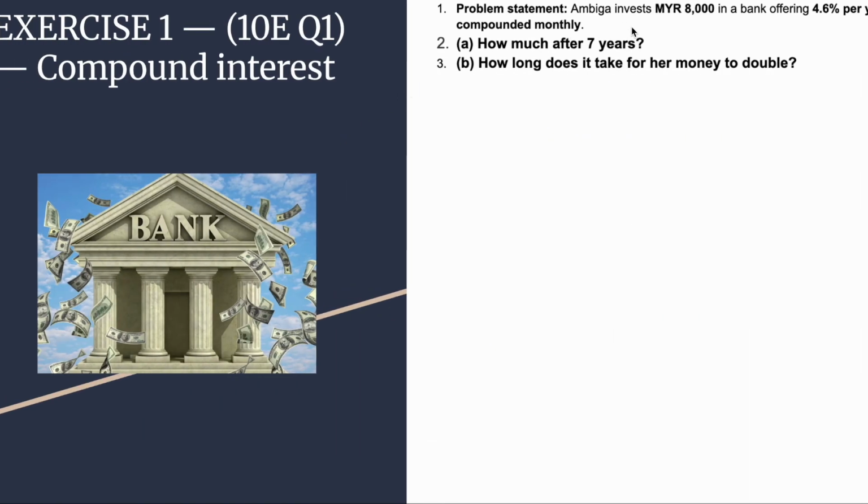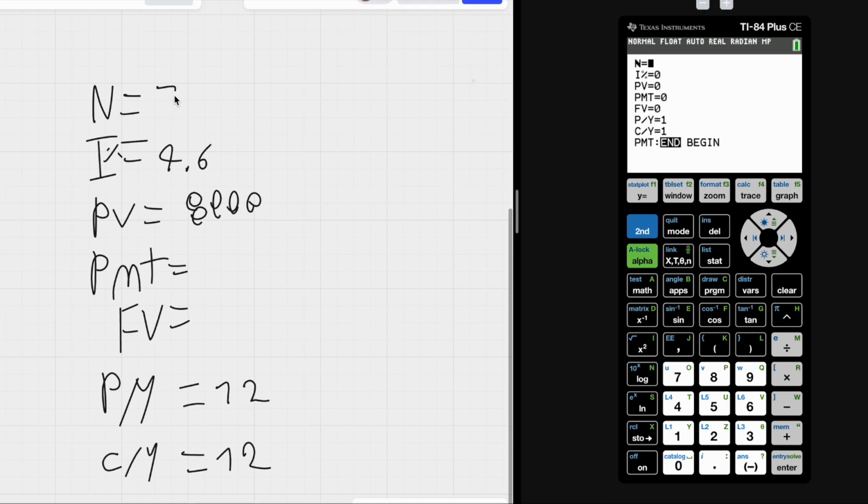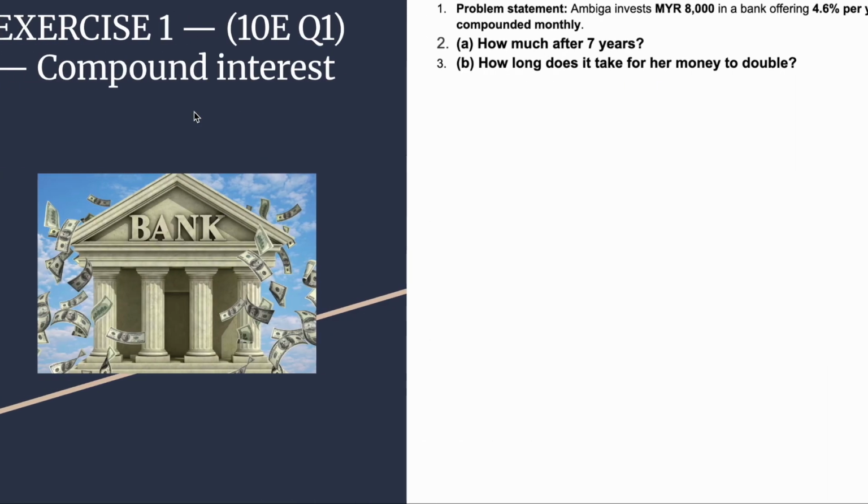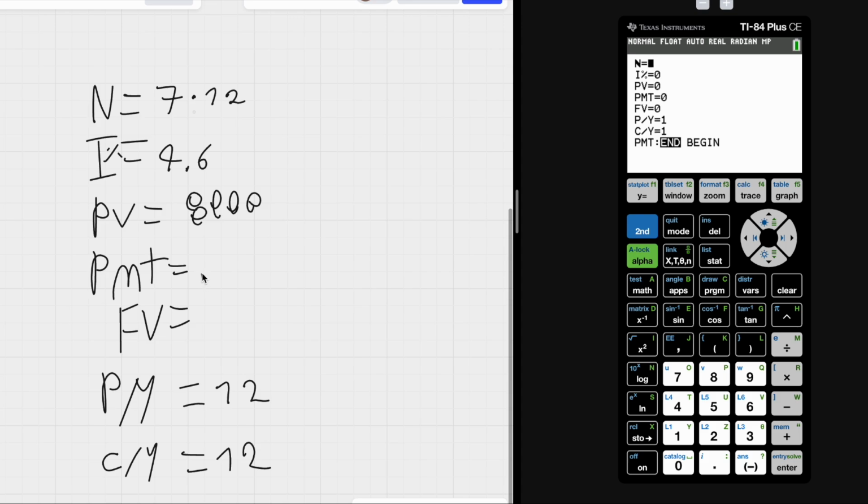Then the first question is how much she will have after 7 years. So here we put 7 times 12, because she's going to make 12 payments each year for 7 years. And for PMT, that is payment, we put 0 because she's not making other payments, and future value we put 0 because this is the variable that we are going to find on our calculator.